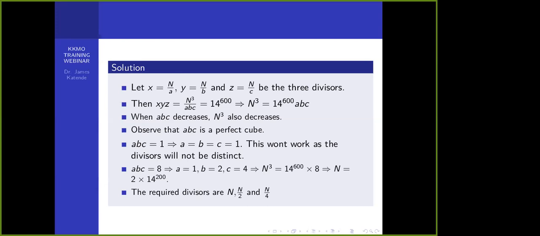If you dig deeper, you probably should find a different way of solving it from what I have used. One way would be to show that that product cannot exceed this 2 times 14 raised to 200. There might be a way to set up some upper bounds and show that that upper bound actually holds.